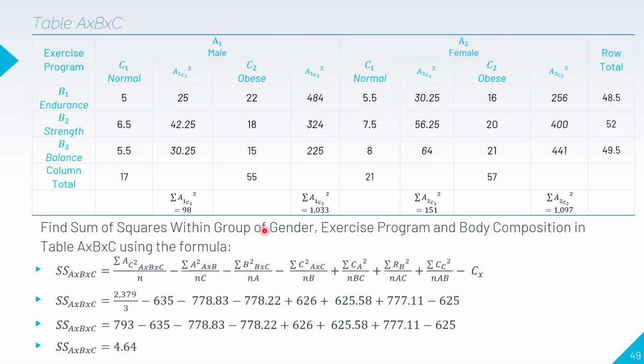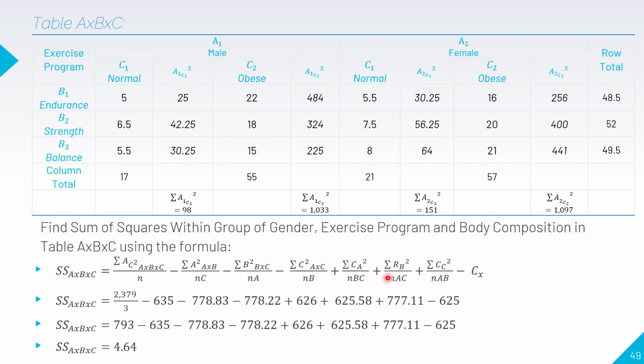Now, in finding the sum of squares within the group of gender, exercise program, and body composition in table A by B by C, we use this formula. We already encountered this formula. We need to just add the summations of the squares of these values in the group. 5 squared is 25, like that. Now we have a total of 2,379 over our N, which is 3. So we have 793.